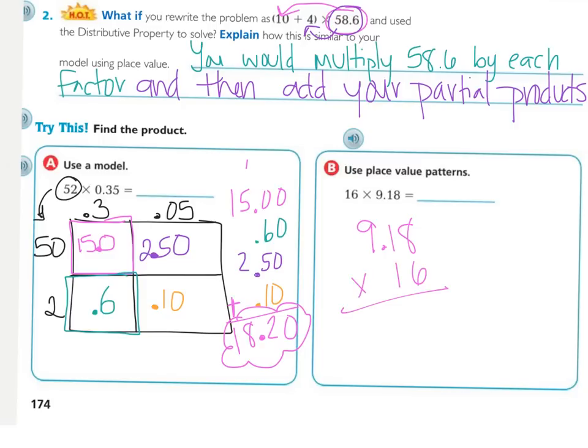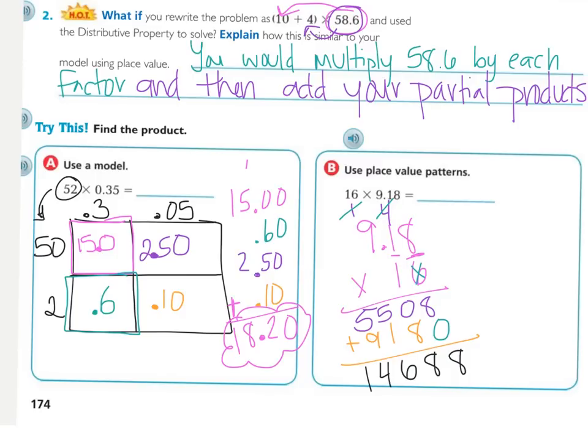Okay. Now just ignore the decimal and multiply it out, and then add your decimal in at the end. Digit-wise, 1, 4, 6, 8, 8. I have 2 decimal places, so my final answer is 146 and 88 hundredths.